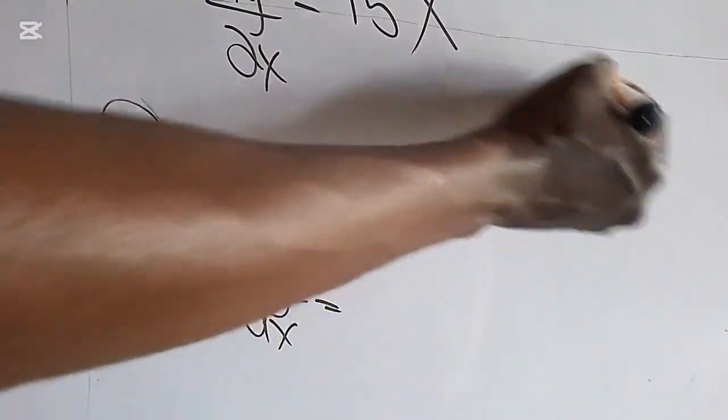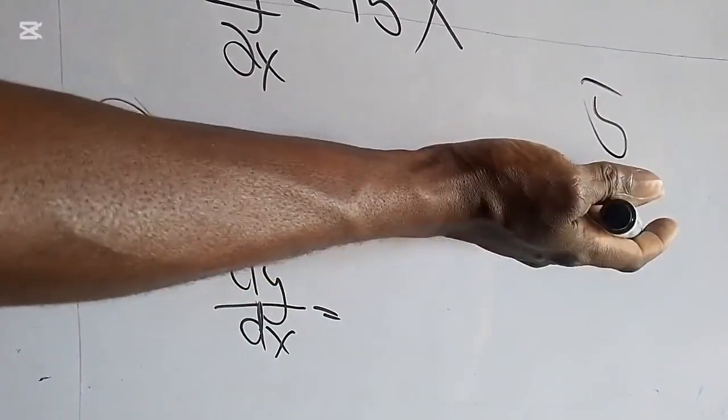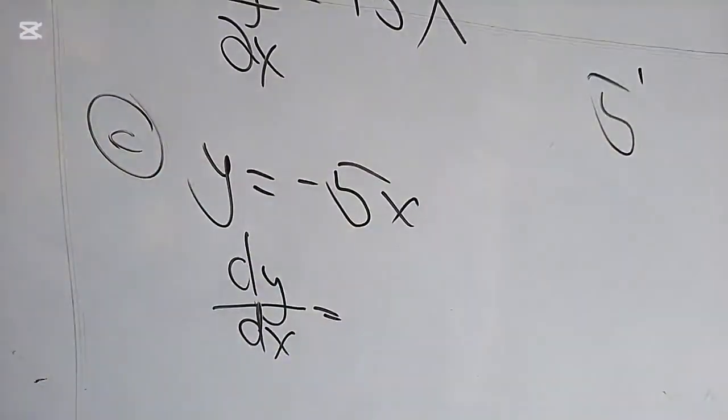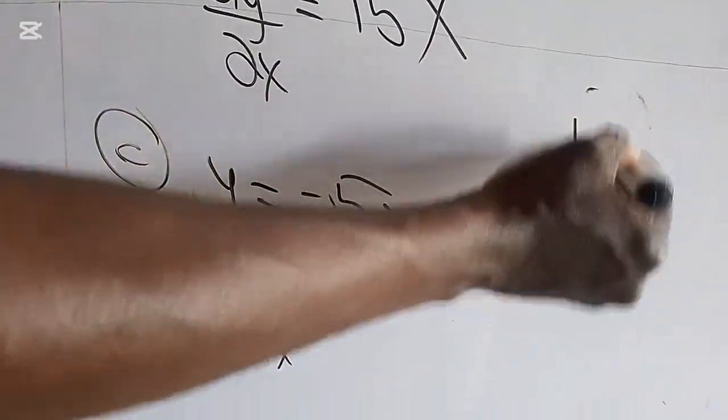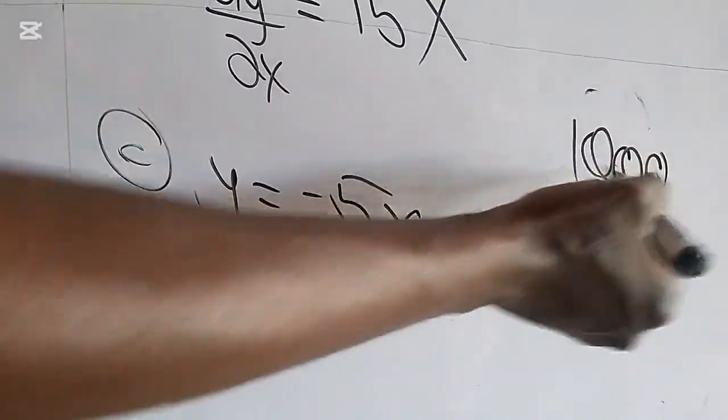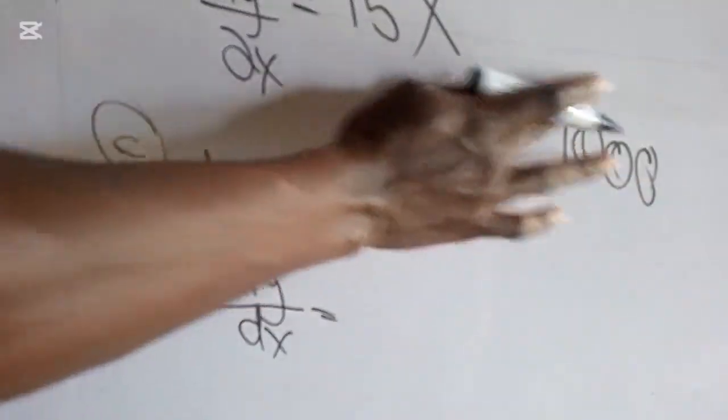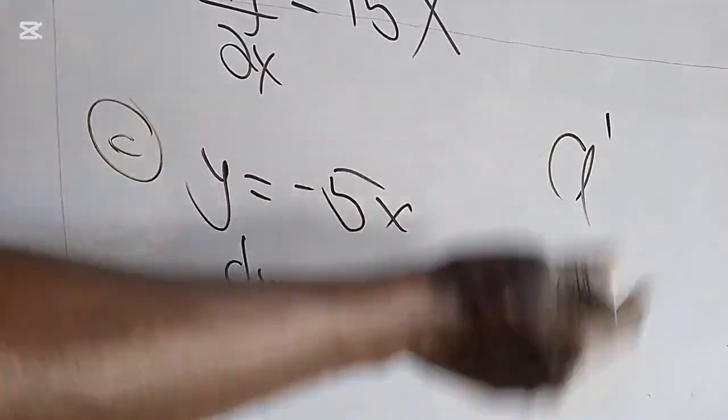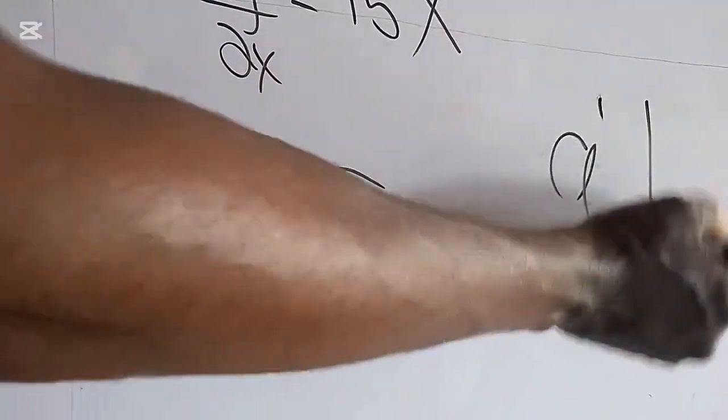So we can have 5 standing on its own, but this 5 has an exponent of 1. We can have 1,000 standing on its own, but it has an exponent of 1. But it is mostly not written. Likewise, any variable, say a, has an exponent of 1, b has an exponent of 1, c has an exponent of 1, but most of the time it is not written.